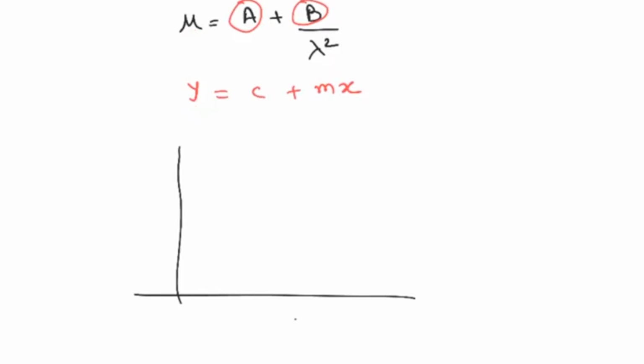We will be plotting 1 by lambda square versus mu. We have 4 colors, so you will get 4 points. And as you are going in the reducing order of lambda, this 1 by lambda square will increase.